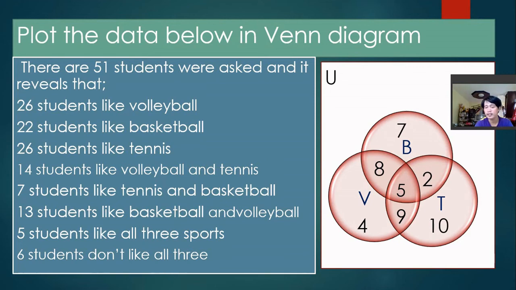Plus 9 is 31. 31 plus 4 is 35. 35 plus 10 is 45. So these numbers are only 45, and there are 51 students. Where is the 6? The 6 students don't like any of the 3 sports. That's how you plot data in a Venn diagram.